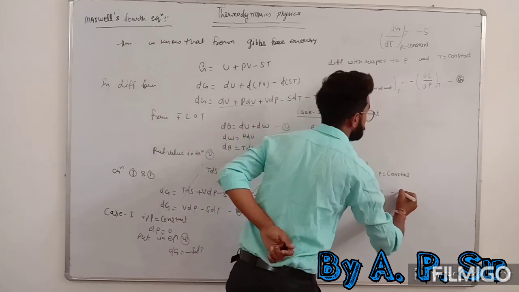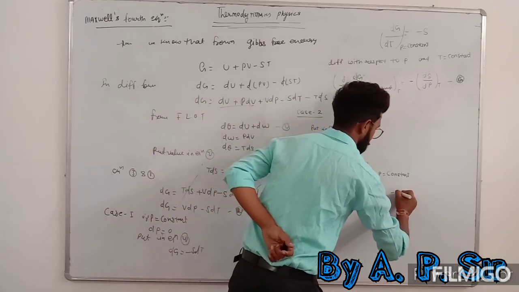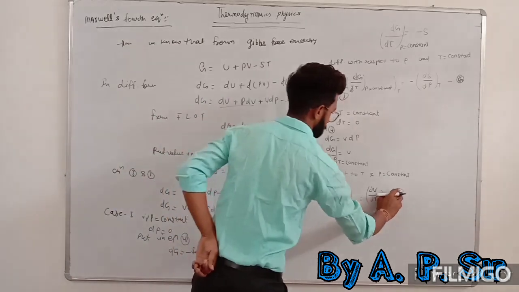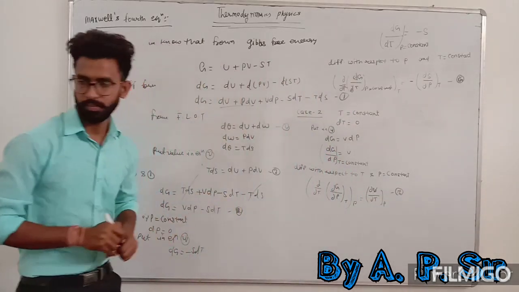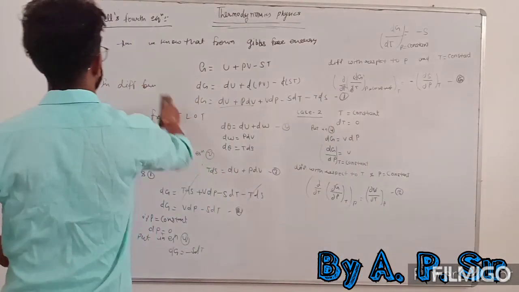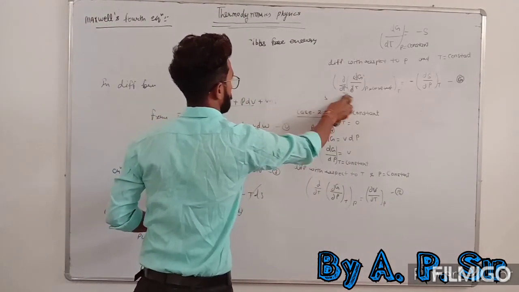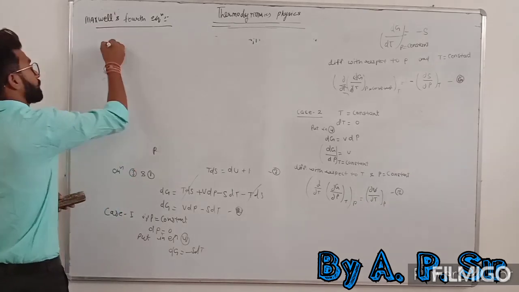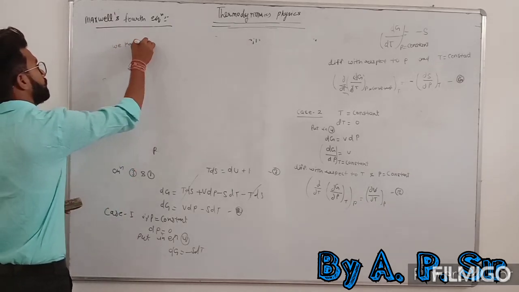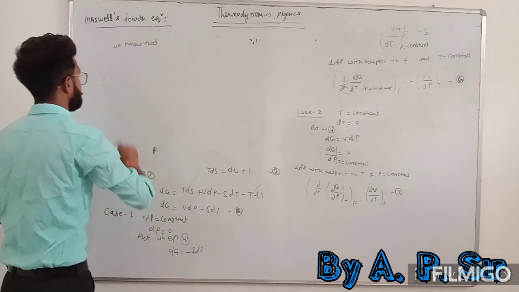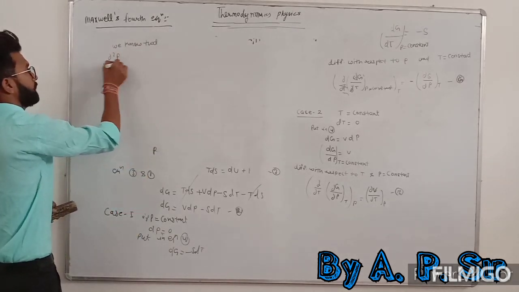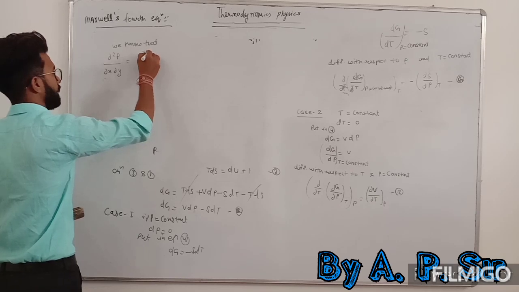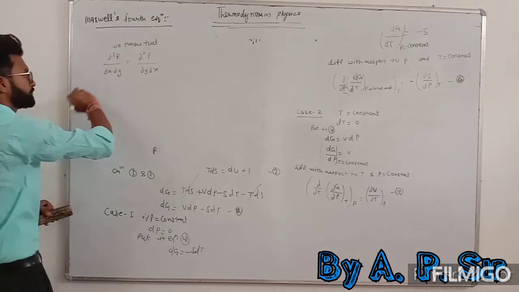This is equation H. Then next we know that del square f upon del x del y equals del square f upon del y del x.